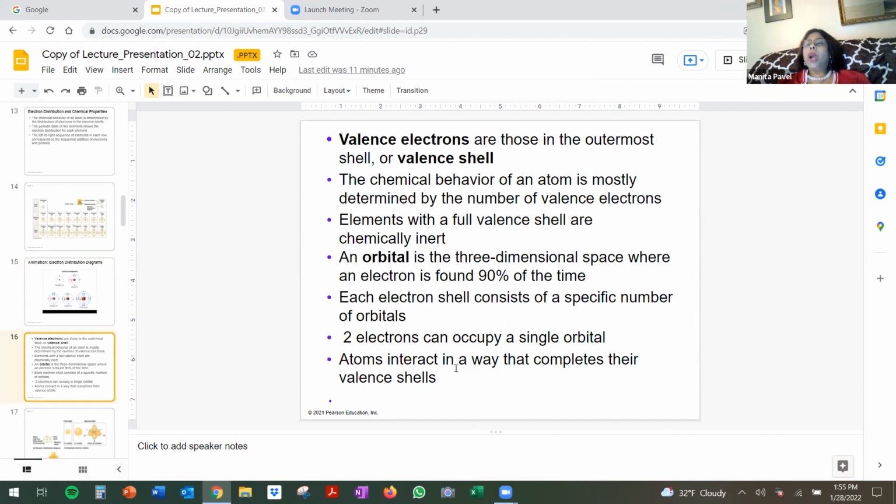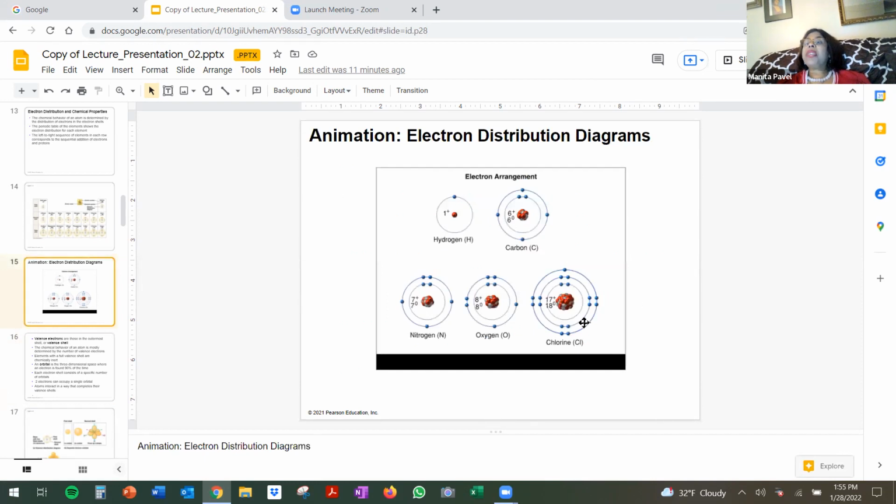So we're going to see how atoms are going to interact with each other in order to complete their valence shell and be stable. Now, in all these examples, we've seen all these valence shells are not complete, and therefore all these atoms are unstable. And what happens if an atom is unstable?